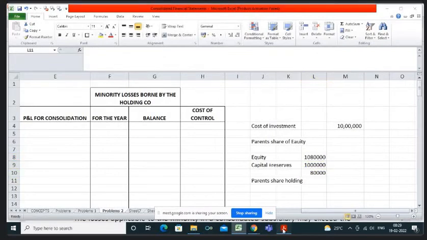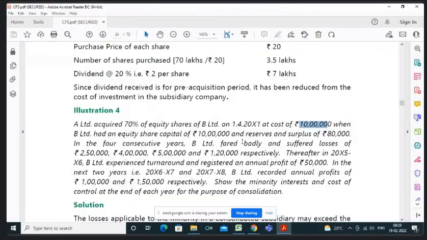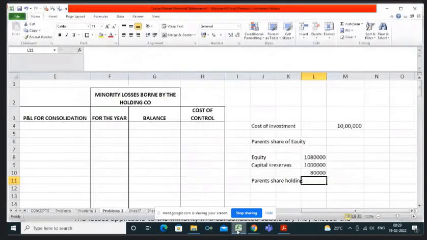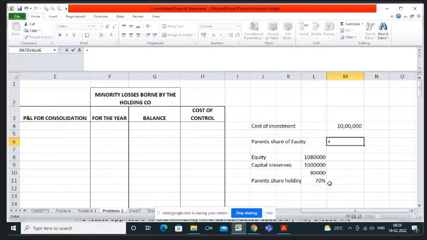What is the parent shareholding? They bought 70% of the equity shares. So 70% is the parent shareholding. So what is the parent's share of equity? The parent share of equity is 10 lakh 80,000 into 70%, which is 7 lakh 56,000.